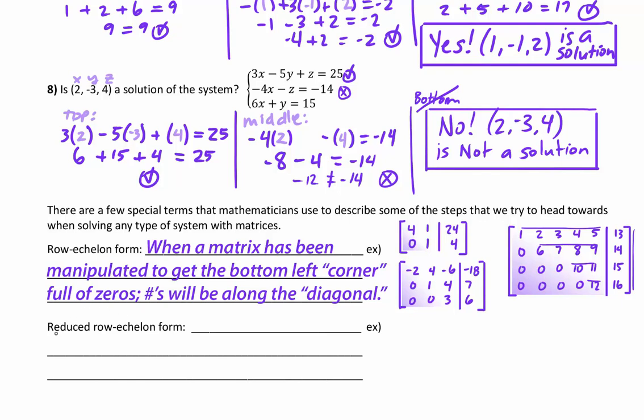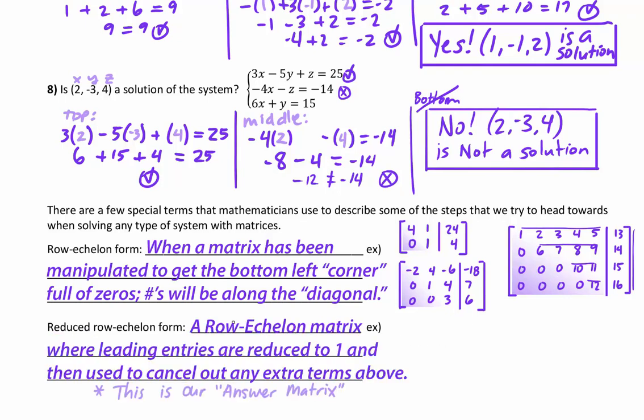Now below, reduced row echelon form takes this a step further. Row echelon form has numbers in other positions where we don't necessarily want them. Reduced row echelon form finishes the job. Reduced row echelon form is a row echelon matrix that comes from this step where the leading entries are reduced down to 1.